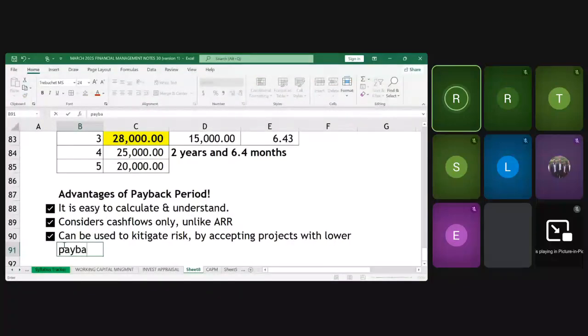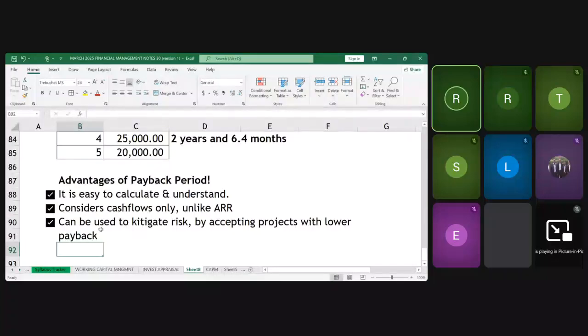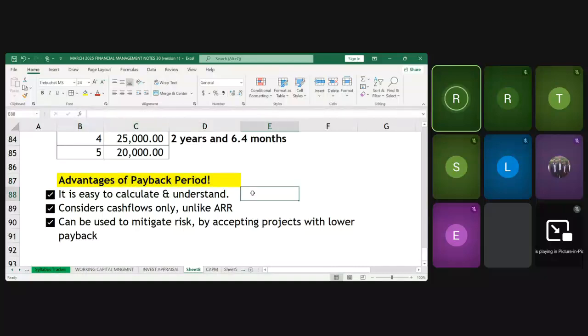Why are we saying payback can be used to mitigate risk? The risk of a project will increase with life. If your project is diving deep into the future, many years, it means that there is risk there. So if we accept projects with lower payback period, we are going to avoid or mitigate that risk.